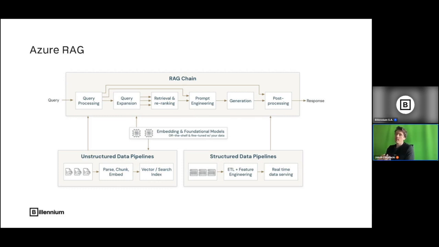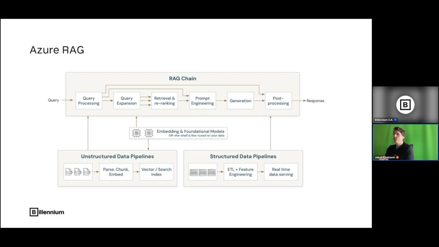Next, we would make a retrieval or re-ranking. This is an optional step. If you have too much compute power or too much money, you could make a re-ranking. You could use your large language model to think about whether the retrieved documents are correct and relevant.